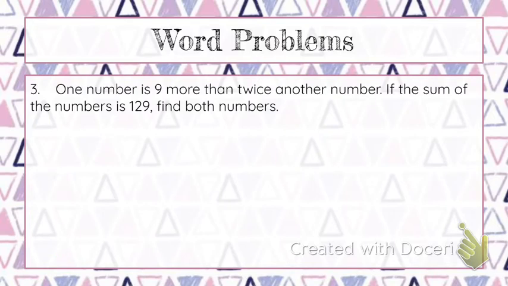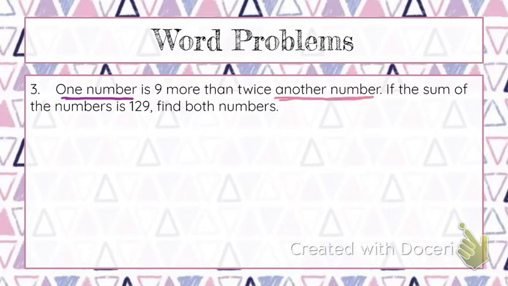Let's take a look at number 3. So I'm going to identify variables as we go. So one number, we don't know what this number is, 9 more than twice another number. So I'm going to use a different color and underline another number.